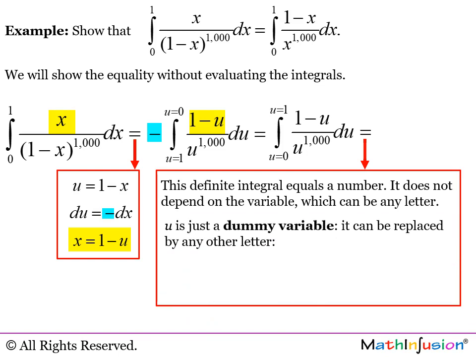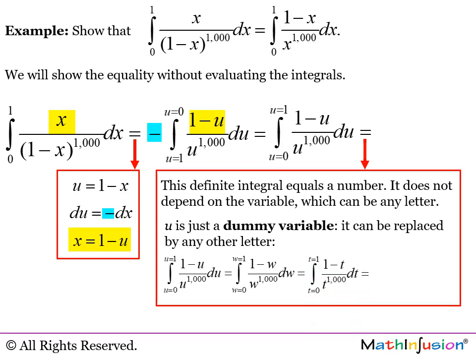It can be replaced by any other letter. This integral equals exactly this, or this one. Why? Just because it's a definite integral and the upper and the lower limits are numbers. And the answer is going to be a number no matter what the variable is. So this is really this one. And I showed that the first integral equals the last integral, exactly what I wanted to show.